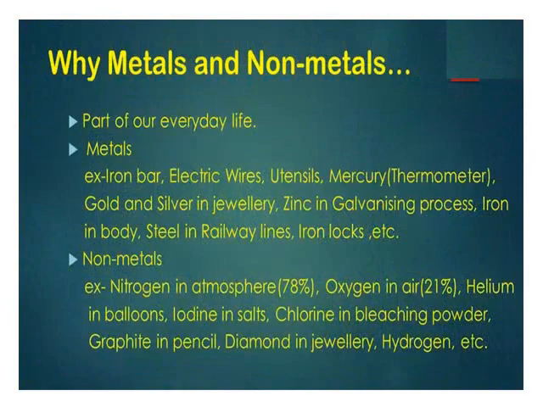Children, let us see some of the metals and non-metals that we come across in our daily life. Iron bar. So we use iron bars. For example, iron bars play a very important role in building bridges.